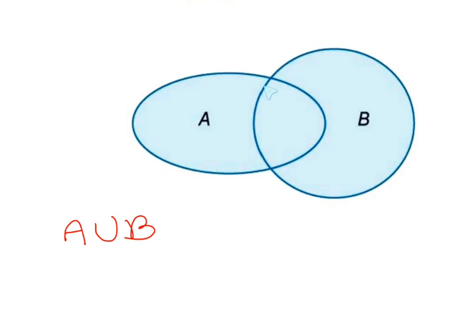Now observe this, A is a set and B is also a set. A union B, and B union A, both are the same. We will get the same answer: A union B equal to B union A. The Venn diagrams are given here.